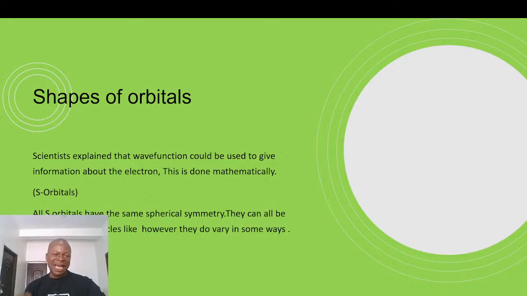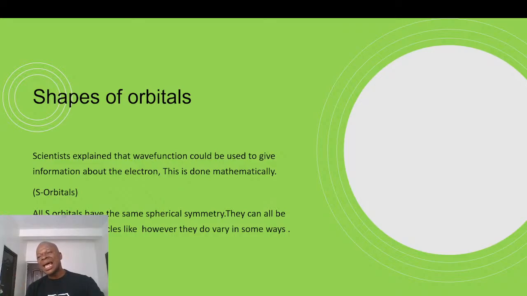Scientists explained that the wave function could be used to give information about the electron. That also helped us to explain their shape. But these things are done mathematically, and the area I want you to know for now is their shape. Forget about the mathematical aspect of the wave function. It will bring confusion.